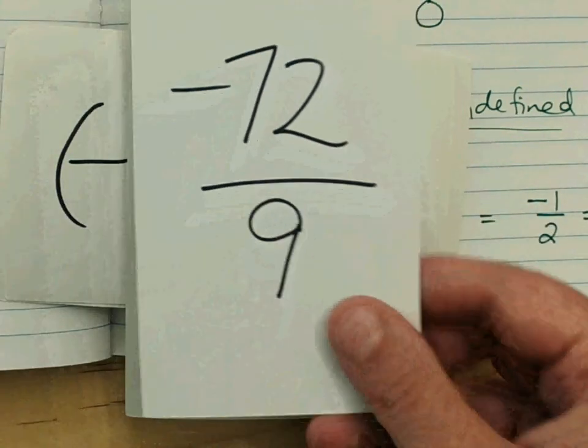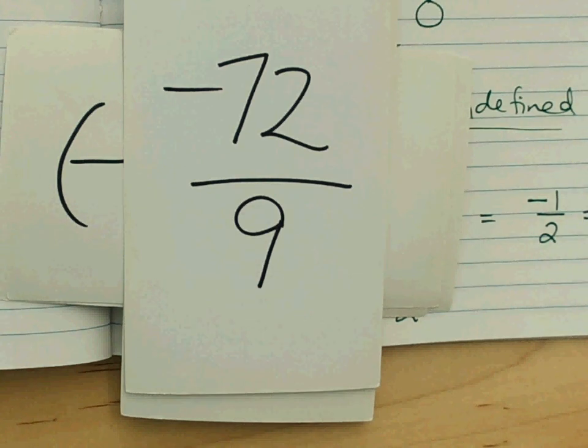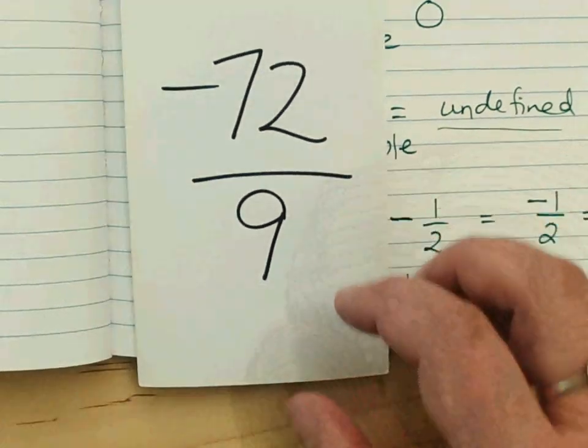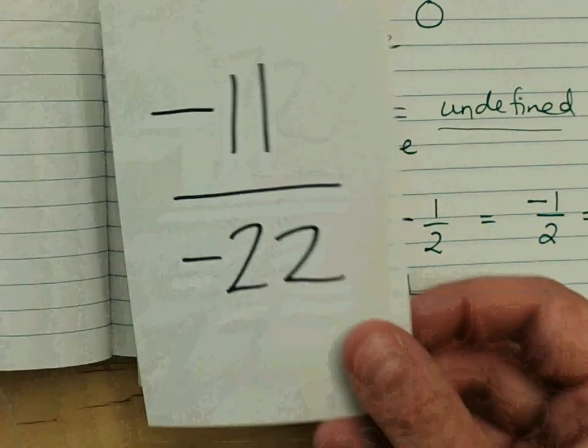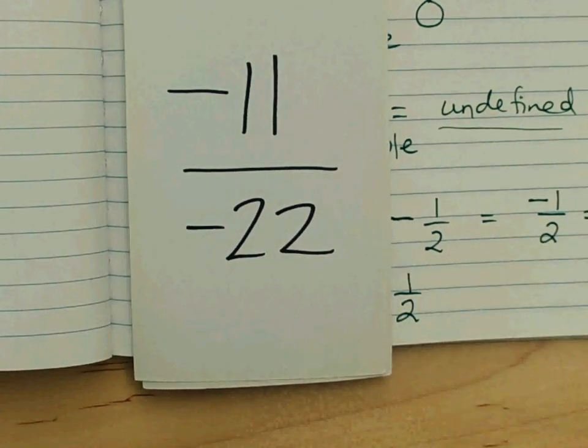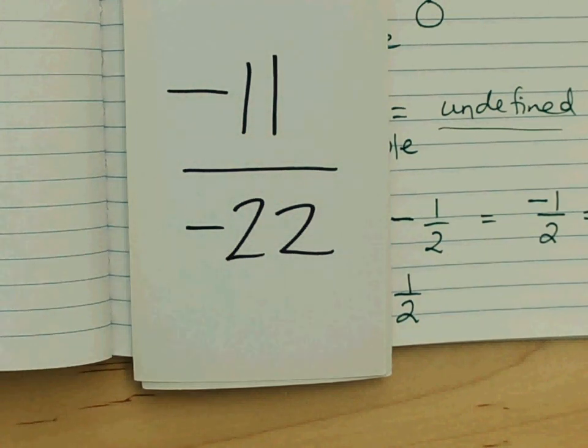Good. Here's just a division problem. It looks like a fraction. -72 divided by 9. -8. Good. Think about if you can reduce the fraction. 1/2, right?